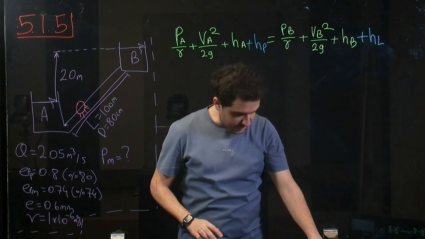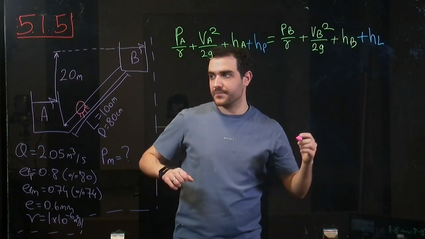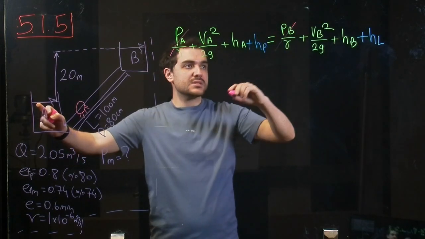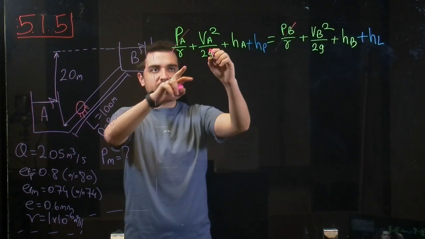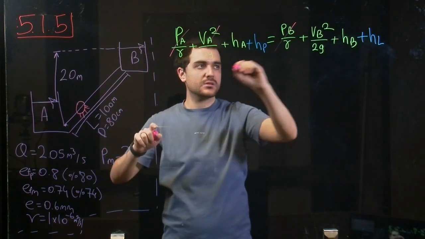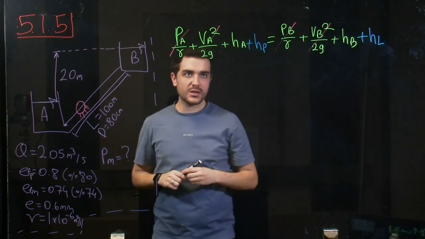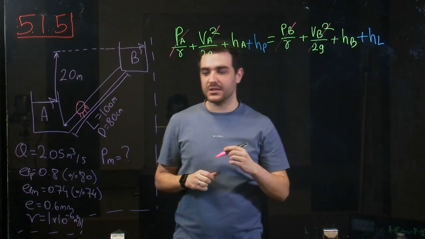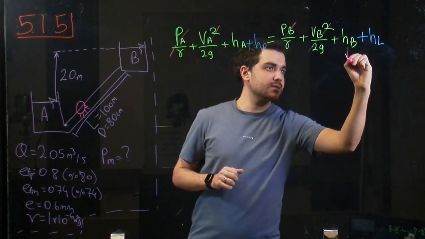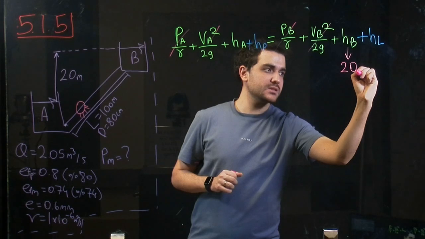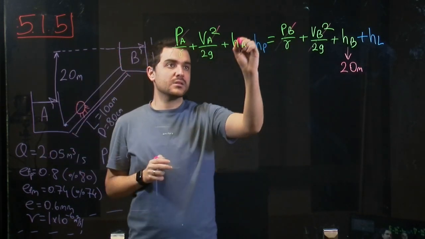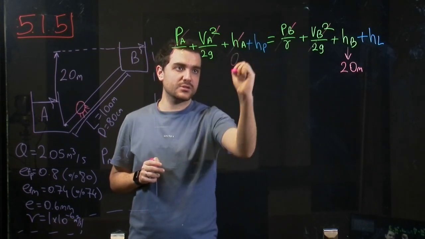And of course we are going to eliminate some values here. For example, P_A is open to the atmosphere, similar to B. We also have velocity at the surface for A and B. And these are what we have remaining. So let's say this is 20 meters, because the question says that B is higher than A. So this is also 0.